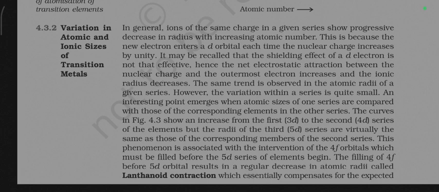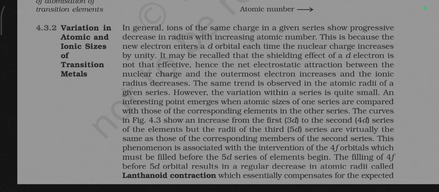An interesting point emerges when atomic sizes of one series are compared with those of the corresponding elements in other series. The curve in figure 4.3 shows an increase from the first 3d to the second 4d series of the elements, but the radii of the third 5d series are virtually the same as those of the corresponding members of the second series. This phenomenon is associated with the intervention of 4f orbitals, which must be filled before the 5d series of elements begins.